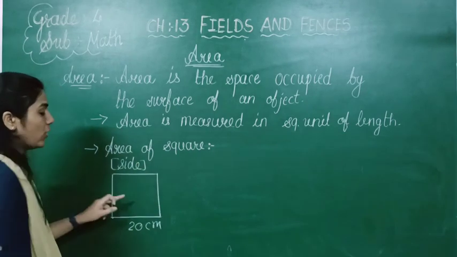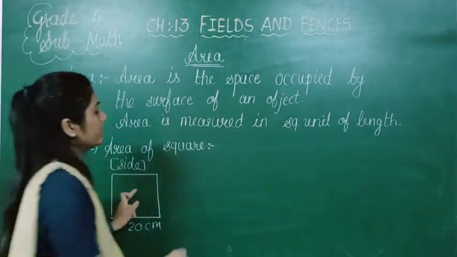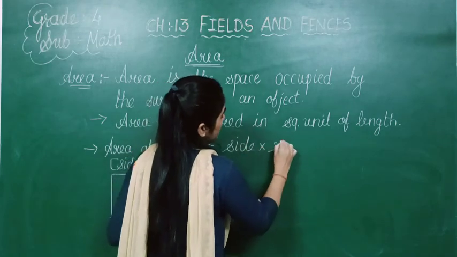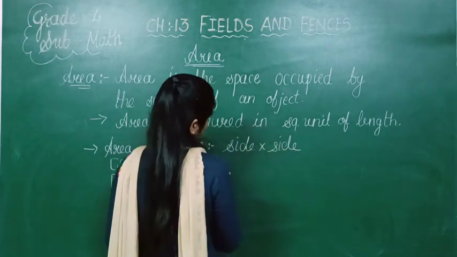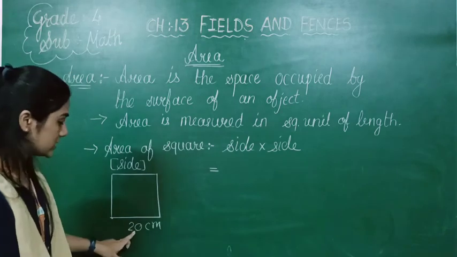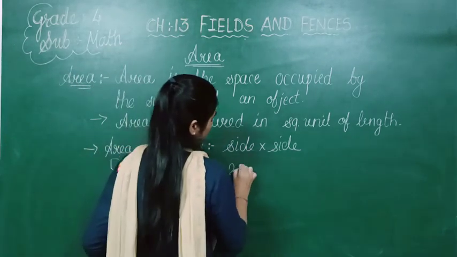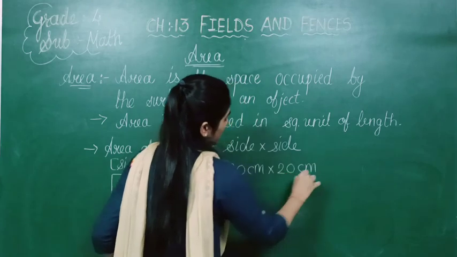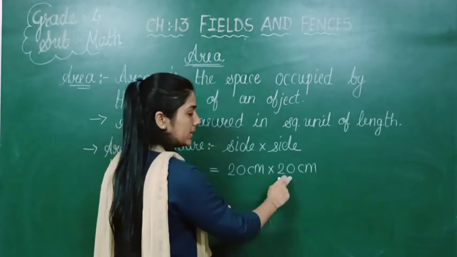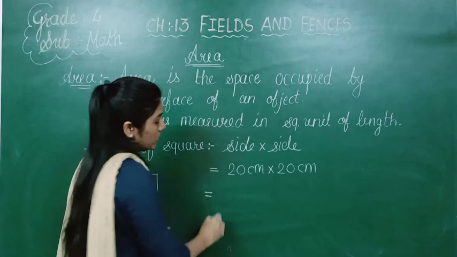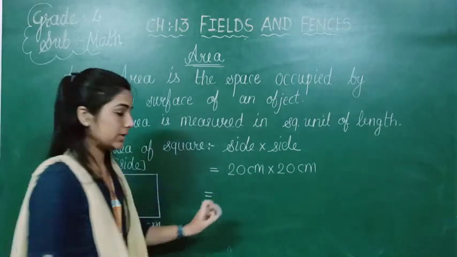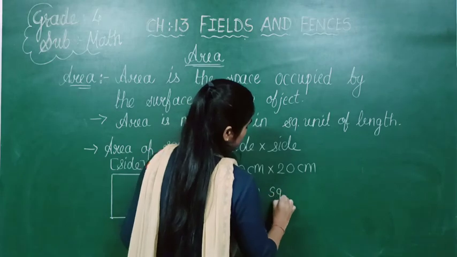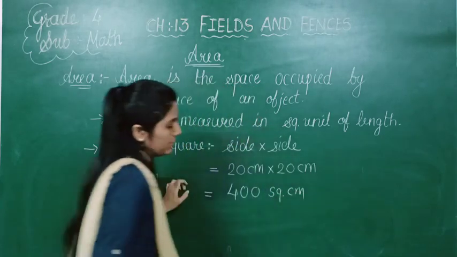So the formula for this square shape, we can write side by side. Side multiplied by side. Means if we write this measurement in this formula, it will be like this: 20 centimeter multiplied by 20 centimeter. So 20 multiplied by 20, we will get 400 square centimeter.